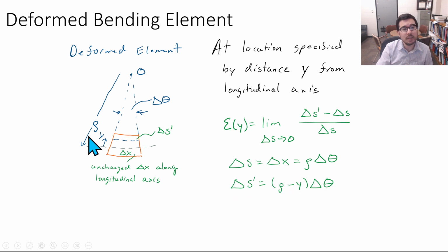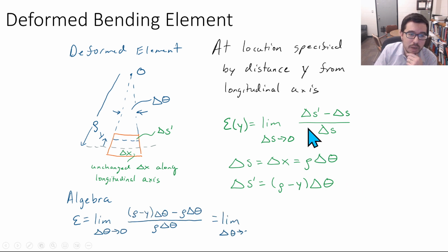We know what our delta theta is. And if we go up a little bit from the longitudinal axis, we could define a new radius to this curve with delta s prime. What's the new radius? Rho minus y. So rho minus y times delta theta is actually delta s prime. Now let's do a little bit of algebra, a little bit of substitution.